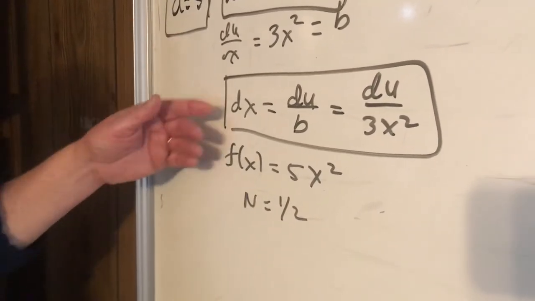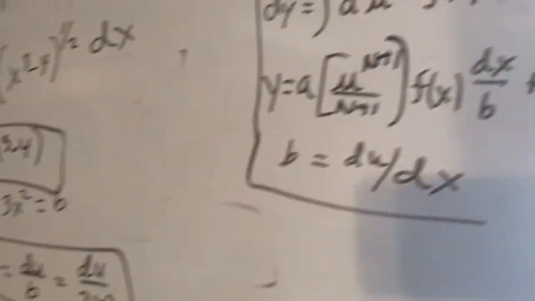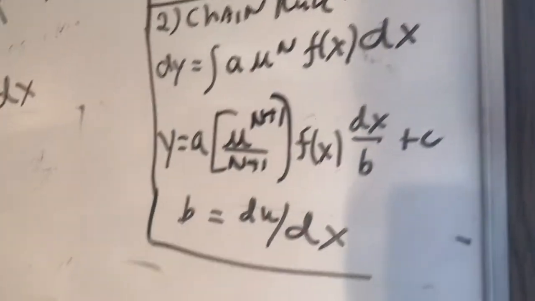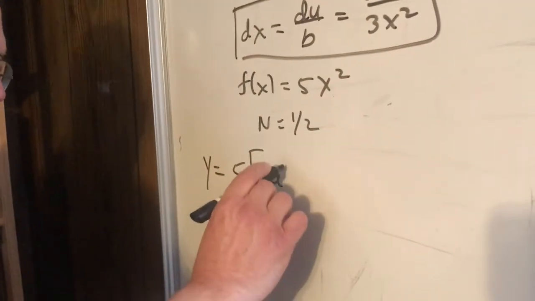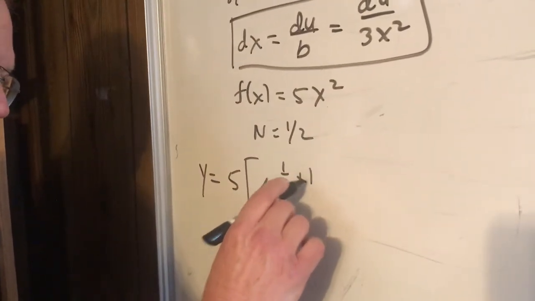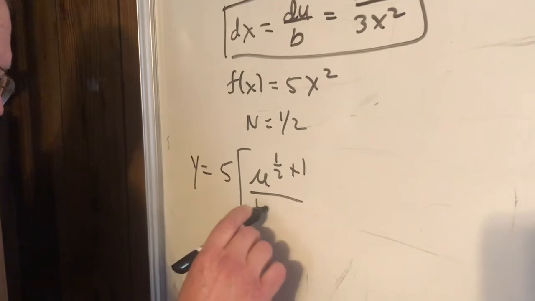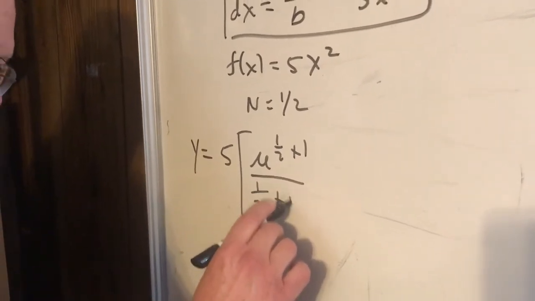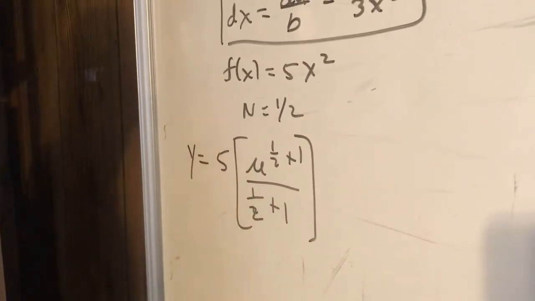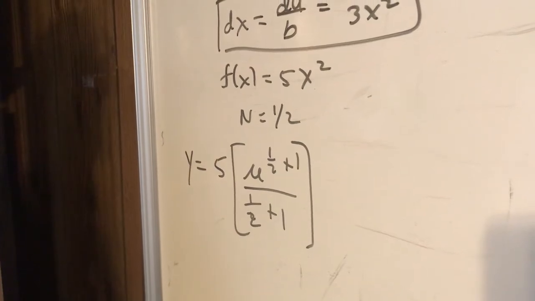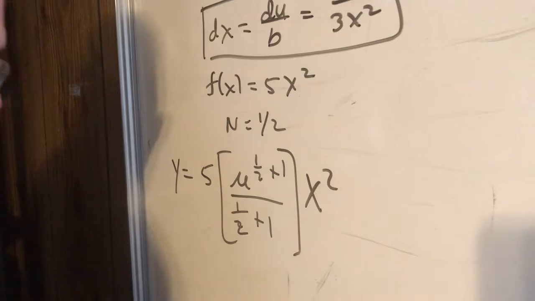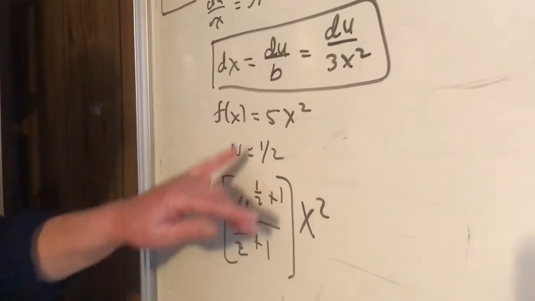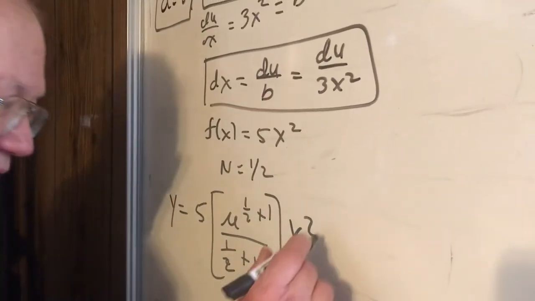Now that we have all this, we can substitute in this rule here. So y equals a, which is 5, u to the 1/2 plus 1 divided by 1/2 plus 1. f of x is simply x squared. And dx equals du over 3x squared.